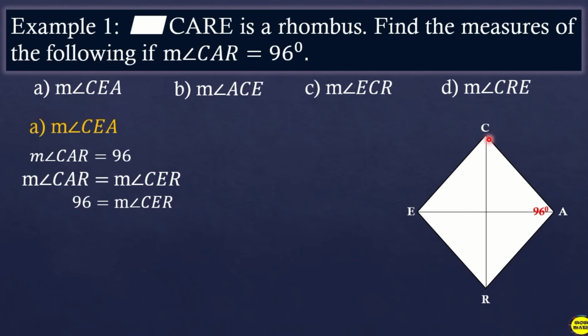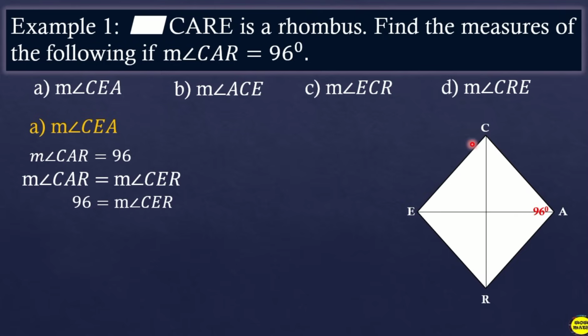Okay? Kasi si CAR ay 96, so ibig sabihin si CER ay 96 din kasi opposite angles yan. Yun nga lang, hindi si angle CER ang hinahanap natin. Ang hinahanap natin is angle CEA. Kalahati lang po ni CER yan.